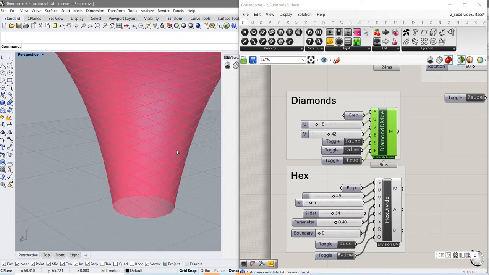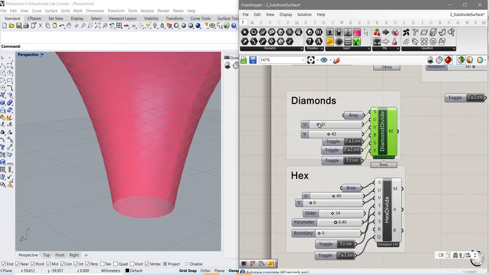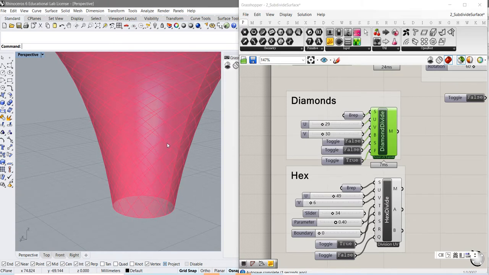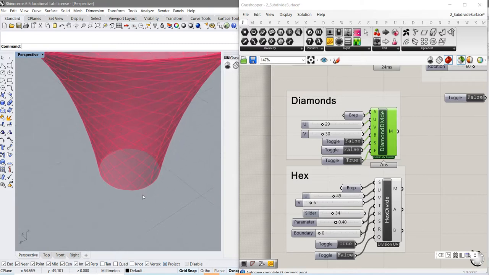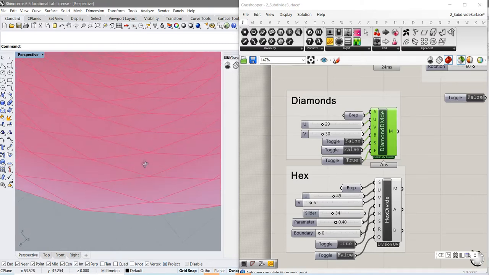The diamond pattern follows the diagonals of the UV direction. You still have two parameters to control the divisions, but the orientation of the diamond shape is parallel to the diagonal of the UV line.